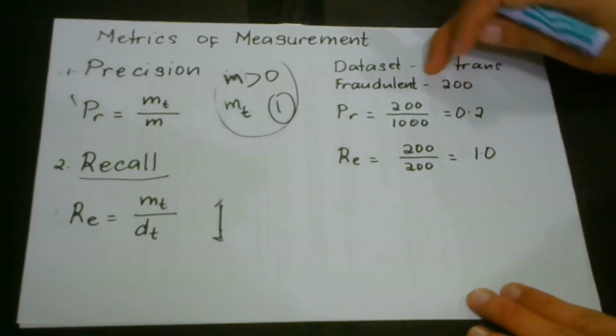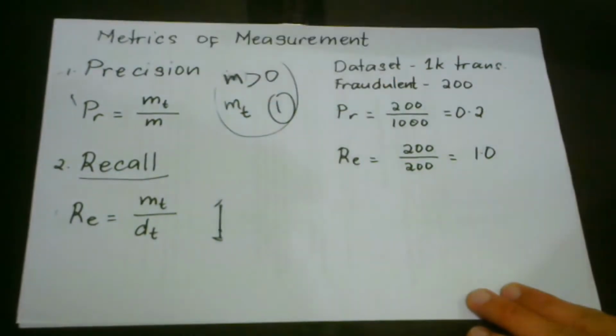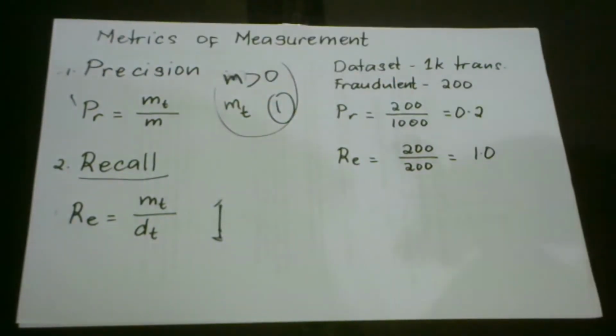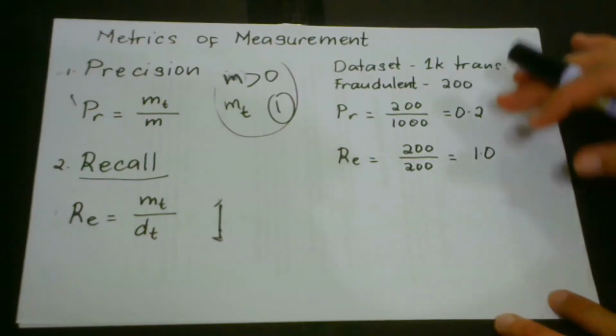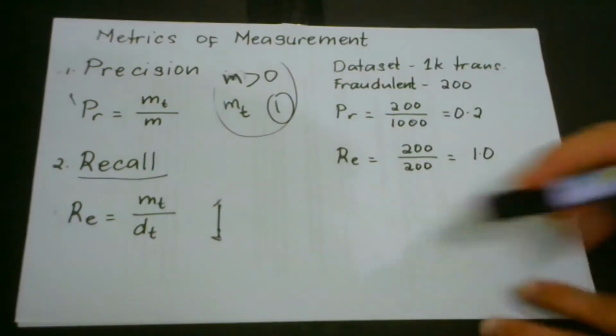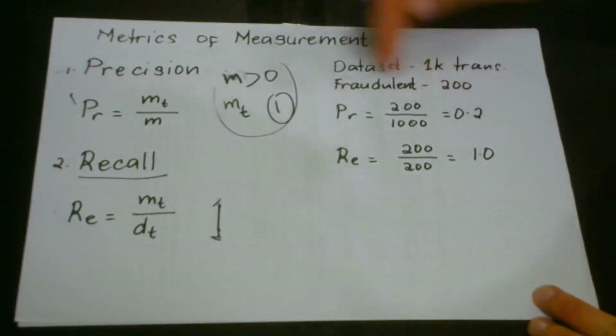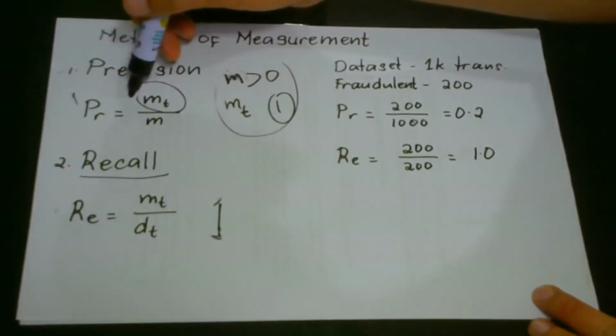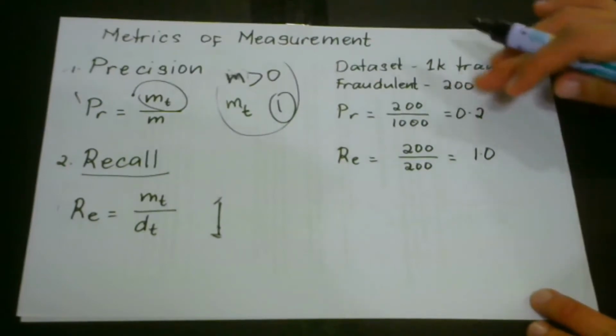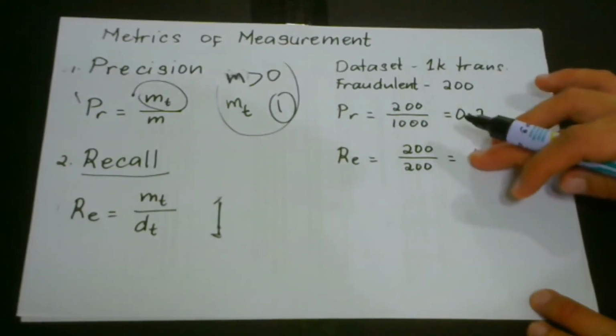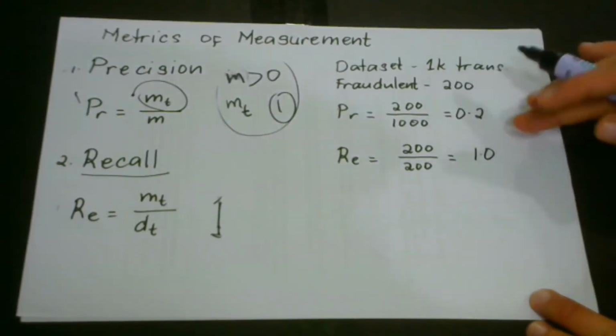So how do we get the precision and the recall? It's very easy. We just have to plug these values into our formula. So 200, the ones presumed to be anomalous, we divide by 1,000, and that gives us the precision of 20% or just 0.2.